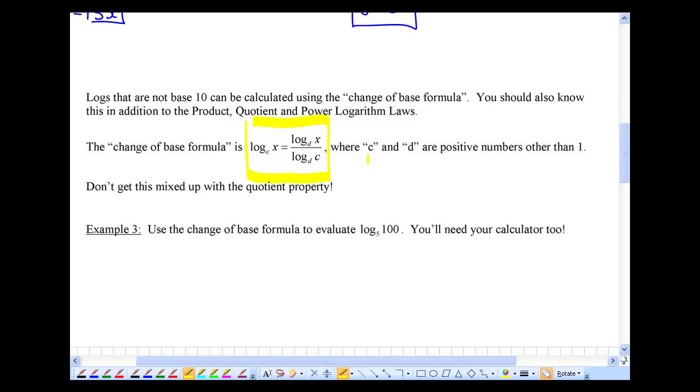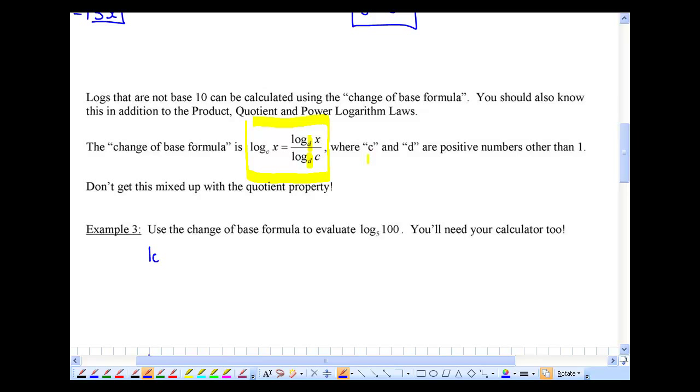So what we're going to do here is, because our calculator has base 10, let the little d value there be equal to 10. And then we can actually calculate this number out. So for example, log base 5 of 100.